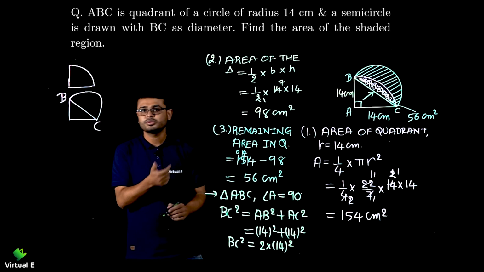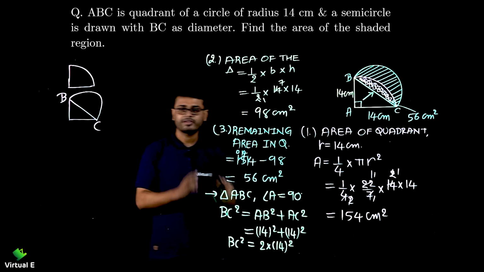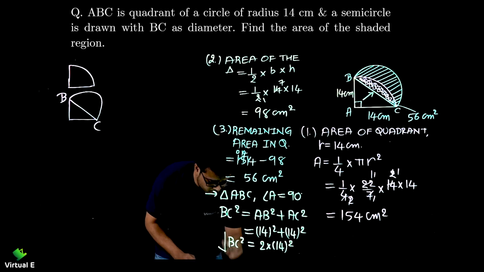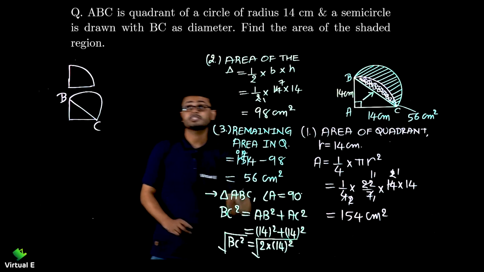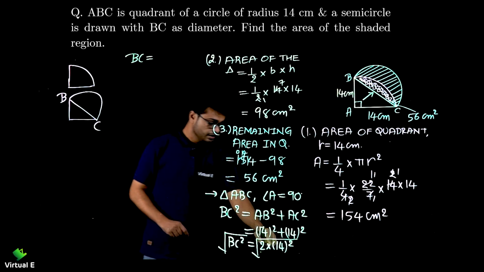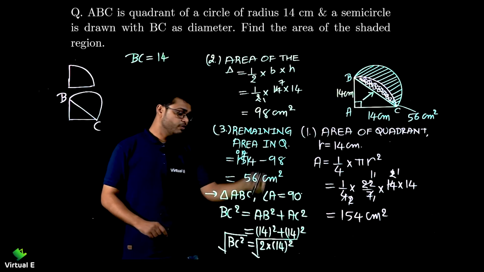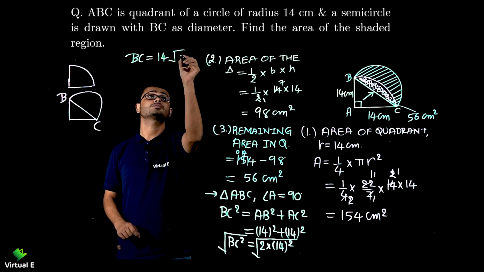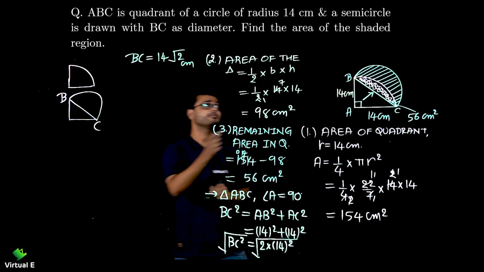This is very simple to do. Why did I do it? Because I know 14 square is repeated, so I've kept it as it is. Now you take the square root. So you will be getting in a very simple way, square root of BC square is BC, and square root of 14 square is 14, and square root of 2 as it is. So BC is 14 square root of 2 centimeter. Done. So we have the value of BC.